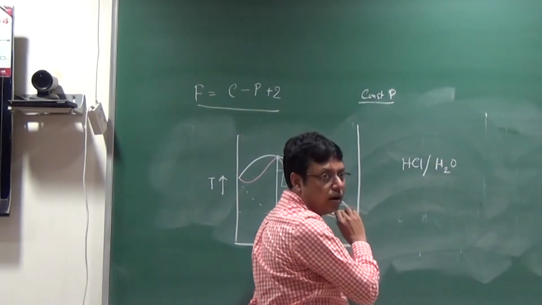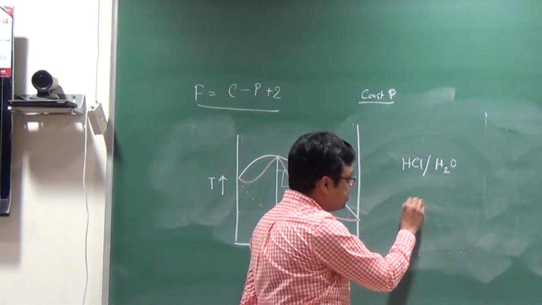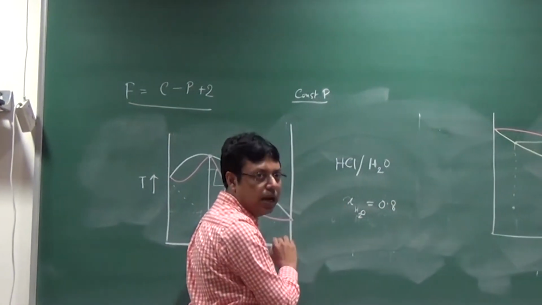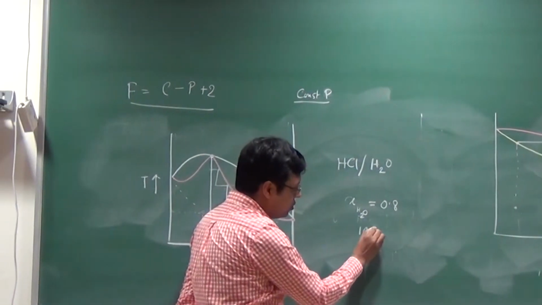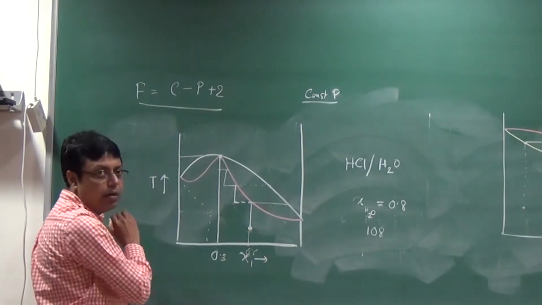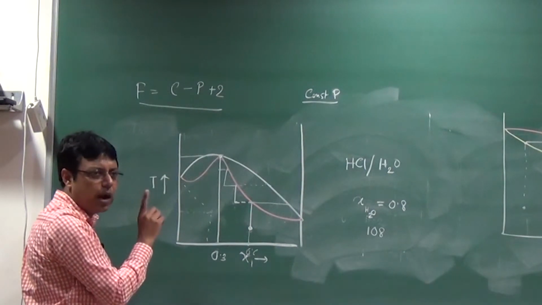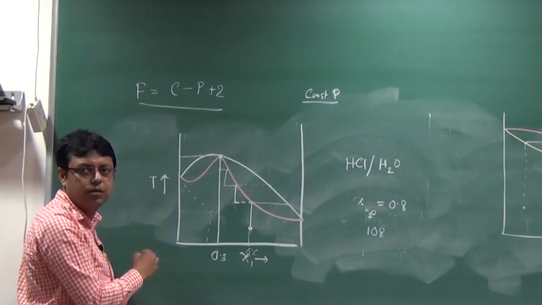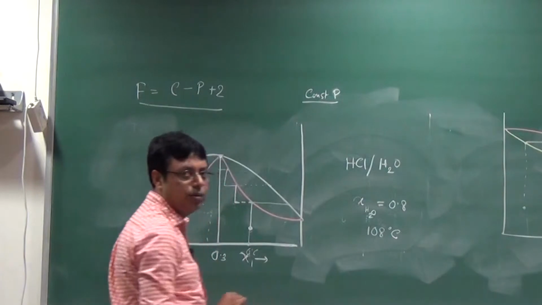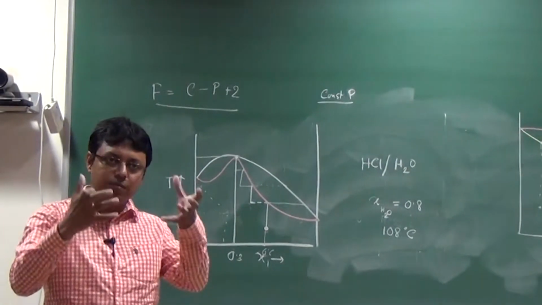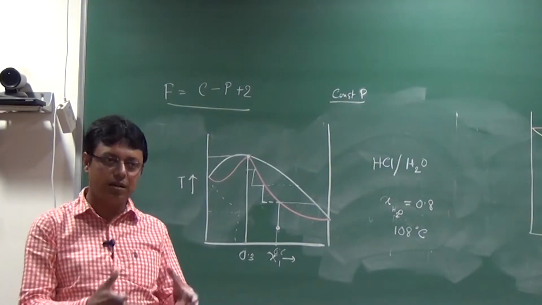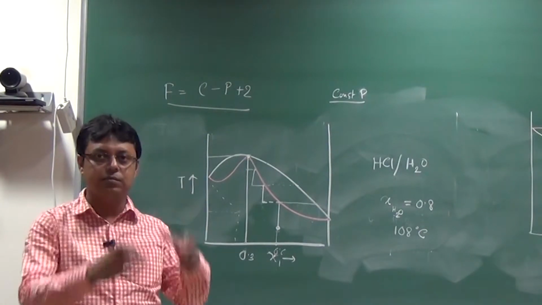For 80% water mole fraction, when x of water is 0.8, if I start with that, then you can see on this isotherm that I have a fixed boiling temperature, but that won't be 100 degrees centigrade because 100 degrees centigrade is for pure water. It is slightly more, something like 108 degrees centigrade. If I just boil it there, I will see that 80% is always maintained, which means 20% is also maintained. So their relative composition in the liquid phase as well as the vapor phase is the same.